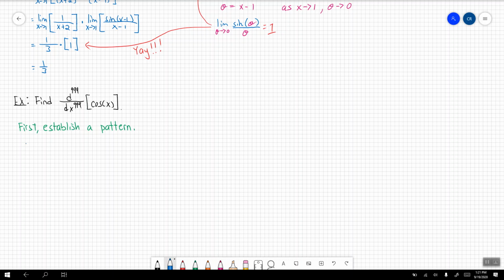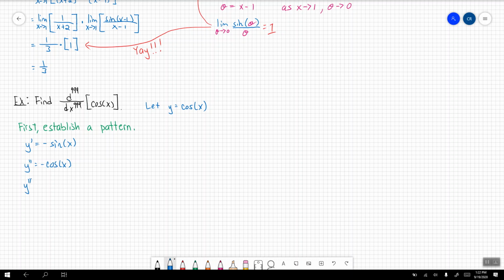Let y equal cosine of x, so that we identify that our y function is cosine. Then y prime is going to be negative sine of x. Let's find y double prime, the second derivative. That's the derivative of negative sine, which is going to be negative cosine of x.